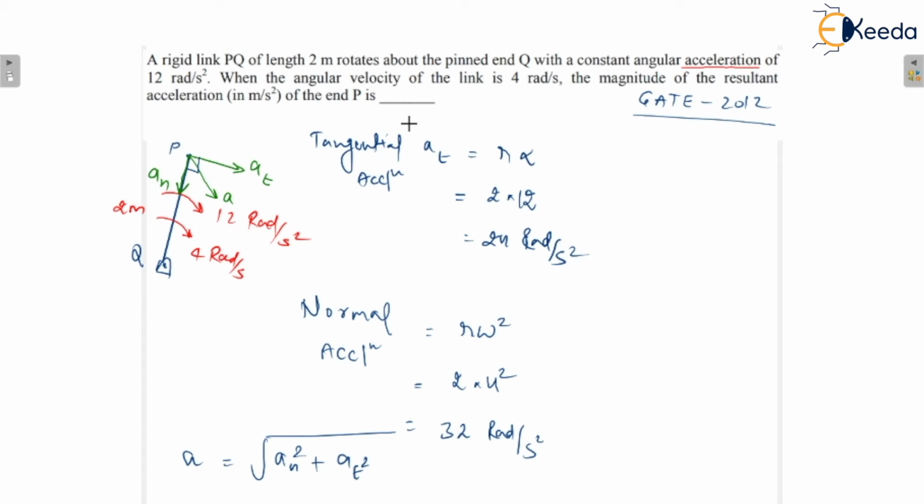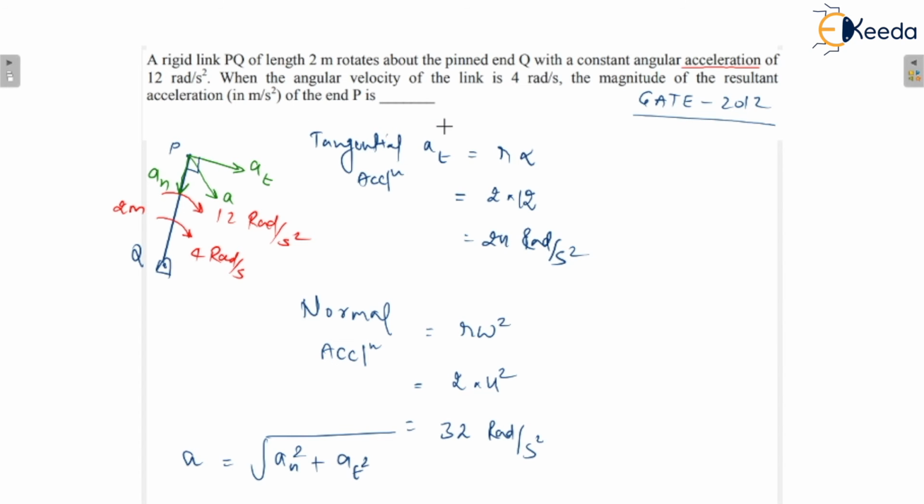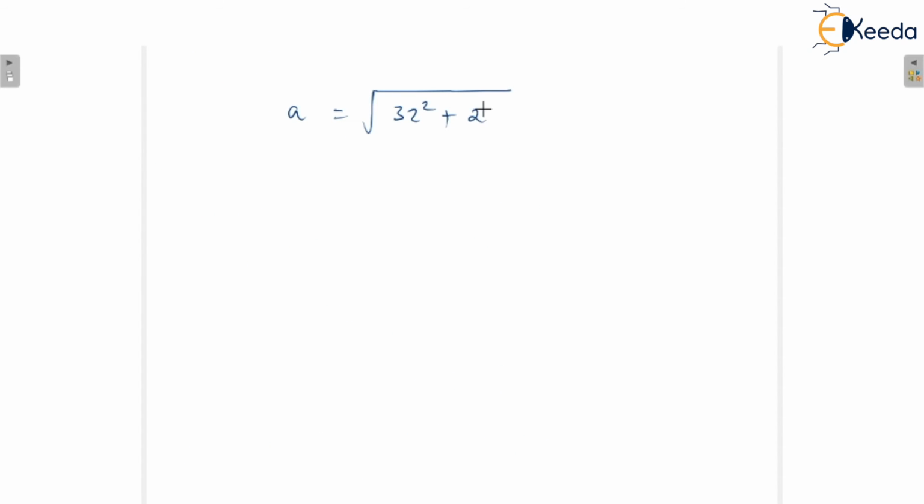A would be equal to the square root of a_n square, that is 32 square, plus 24 square. When you solve this, you will get the correct answer, and that comes out to be 40 radian per second square. That would be the total acceleration.